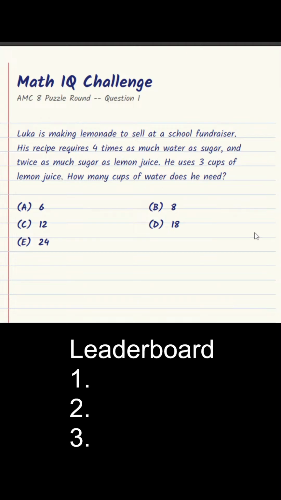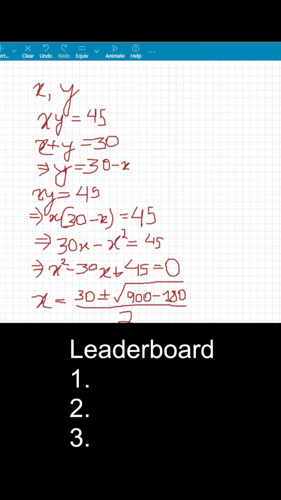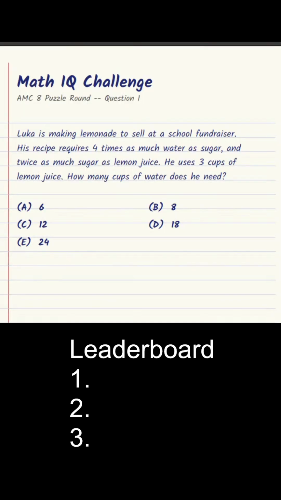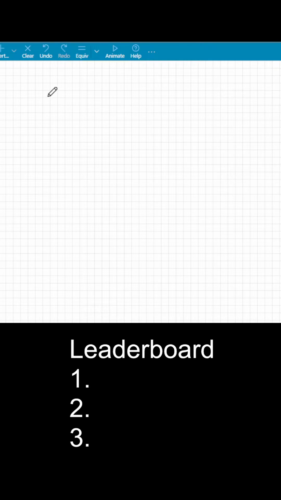Okay, so let us solve the question. Luca is making lemonade to sell at a school fundraiser, and we have three items: water, sugar, and lemon juice, and they have different quantities. His recipe requires 4 times as much water as sugar, and sugar requires twice as much as lemon juice.